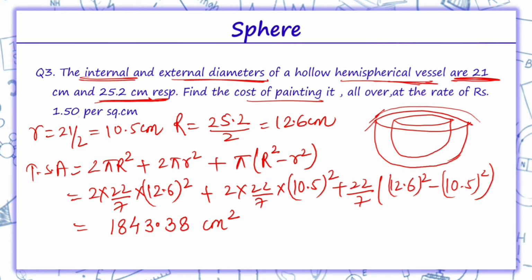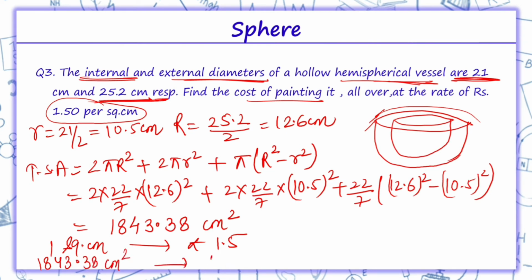It is 1.50 rupees per square centimeter. That means, for 1 square centimeter the cost is rupees 1.5. So, for 1843.38 centimeter square, cost will be 1.5 into 1843.38, which comes out to be rupees 2765.07.